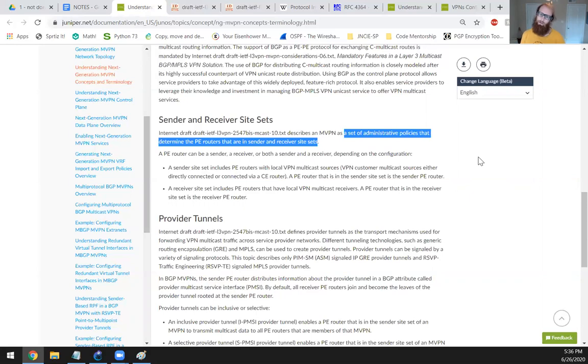A PE router that is in the sender site set is the sender PE router. A receiver site set includes PE routers that have local VPN multicast receivers. A PE router that is in the receiver site set is the receiver PE router.